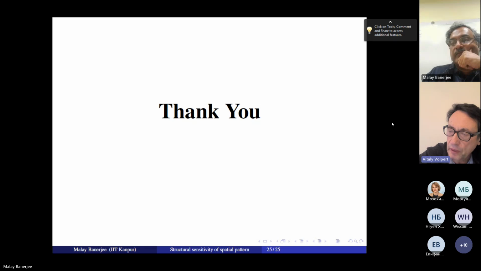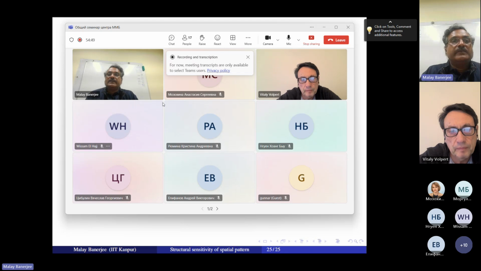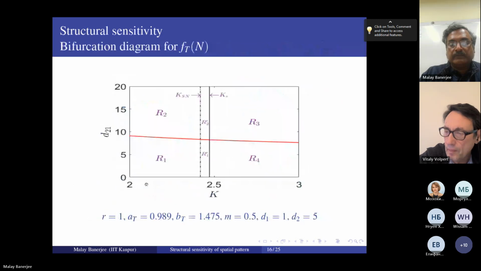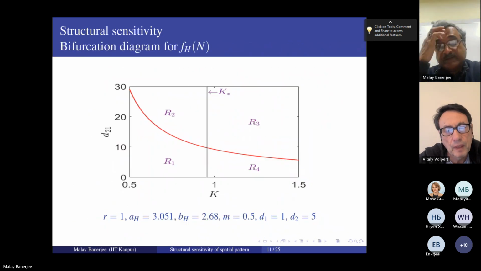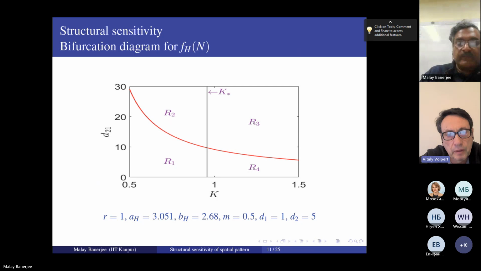So I would like to start with slide 11, please. Yes, you show here this diagram with different regions and with different instability conditions, Hopf and Turing. But in the next slide, you show already patterns.